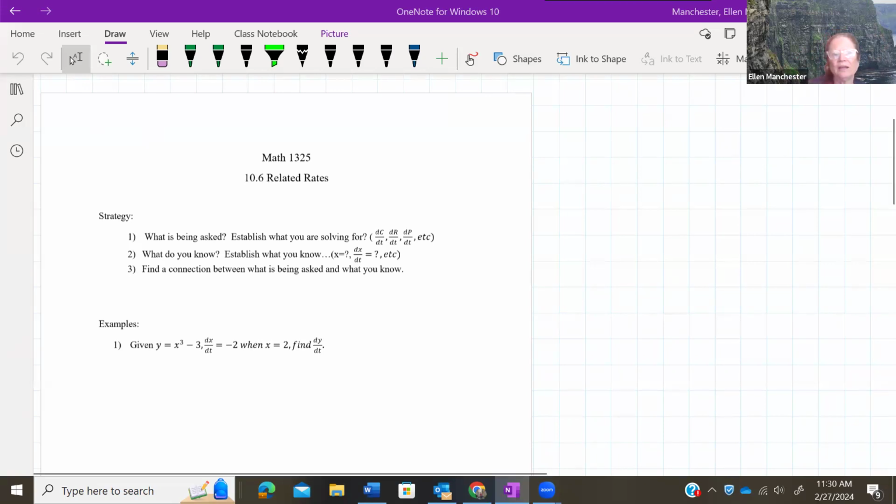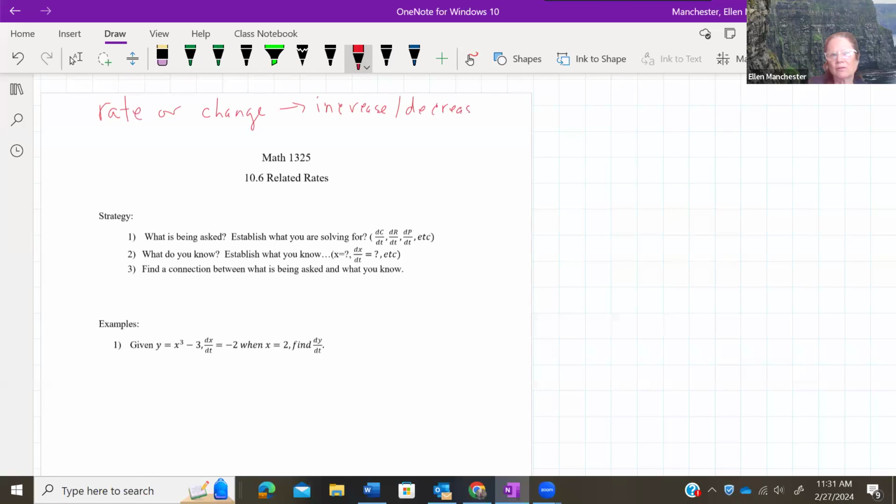So again, I'm going to do it in red. If you see the term rate or change, like an increase or a decrease, you will have a derivative. And with related rates, we're always going to do this based on time.